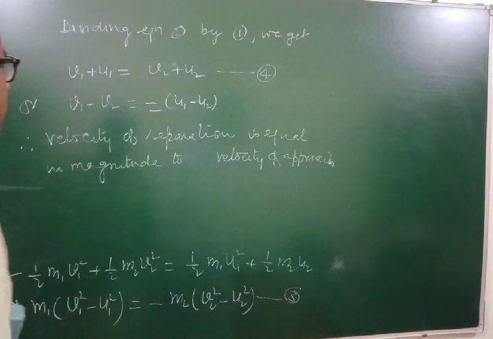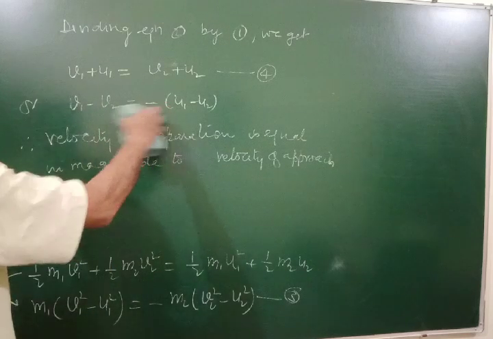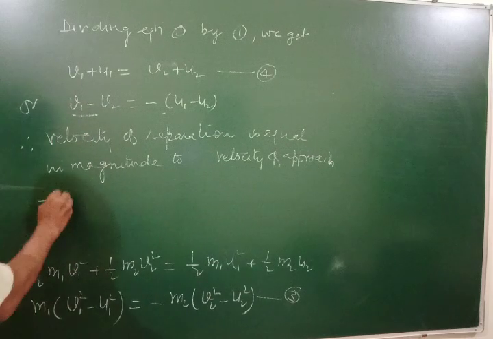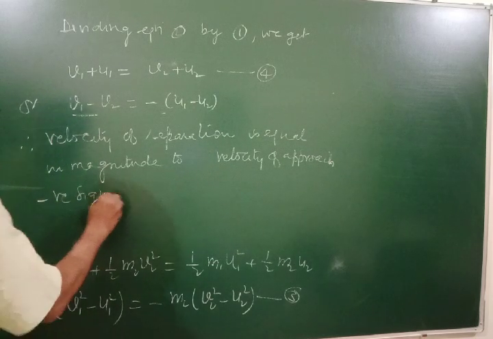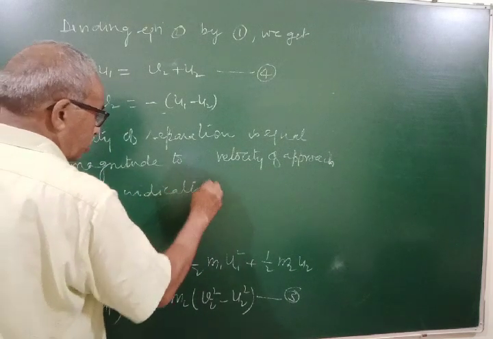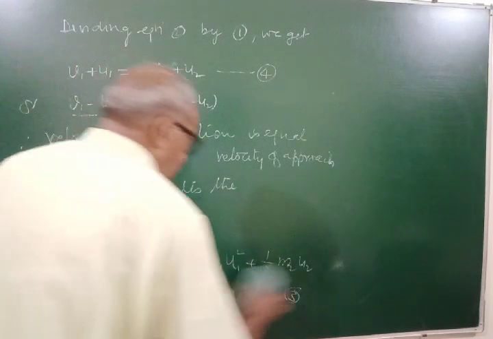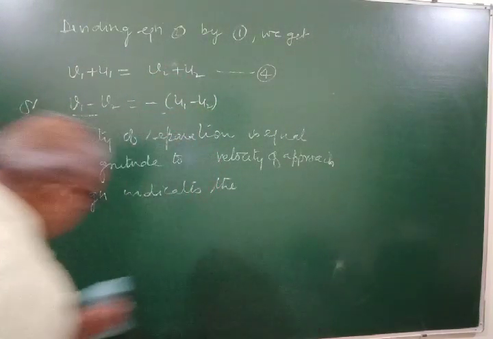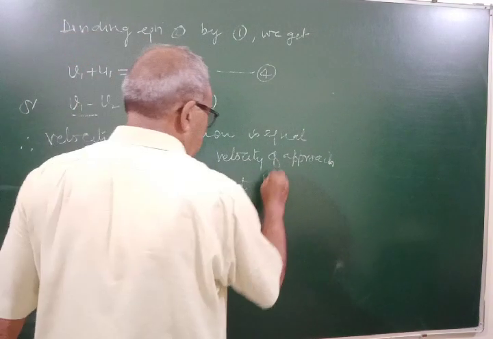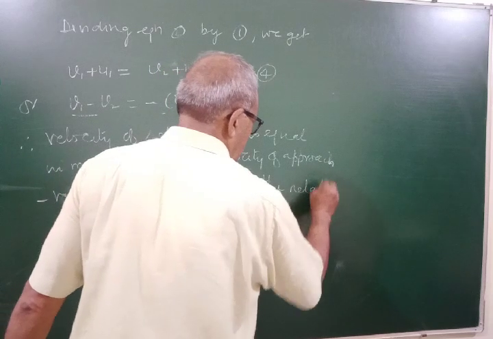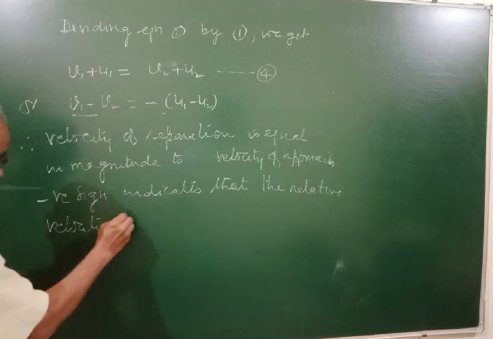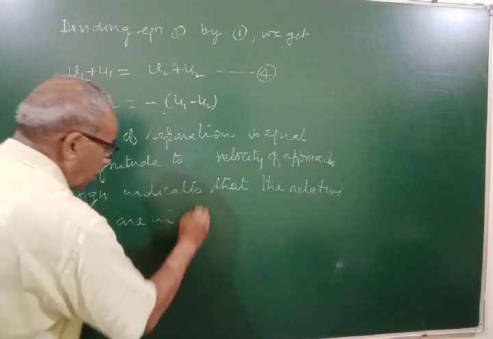The negative sign indicates that the differences are in opposite direction, that the two relative velocities are in opposite direction.